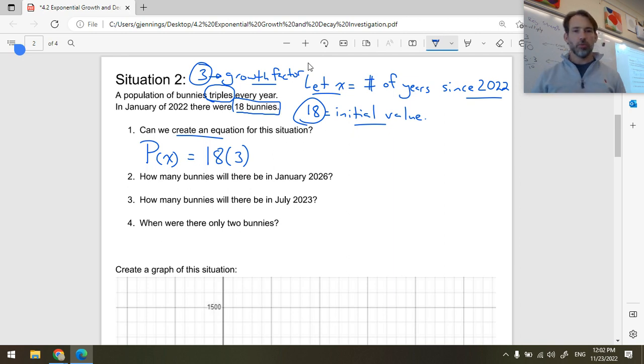So let's take a look. We'll start with a table here and investigate what our table does. If x is 0 years have gone by, then we know that wants to be 18. But am I multiplying 18 times 3? Not at all. I never multiplied by 3. It's just 18. But after 1 year, how many bunnies will there be?